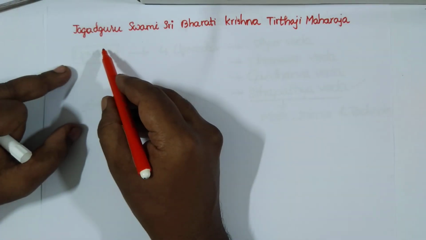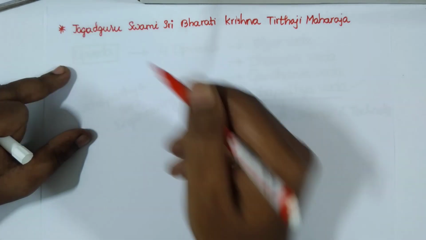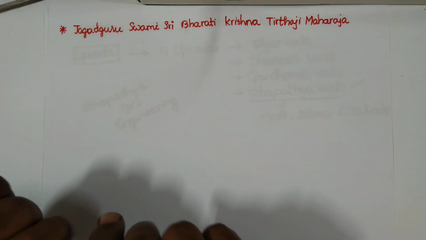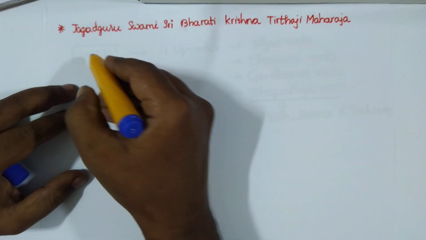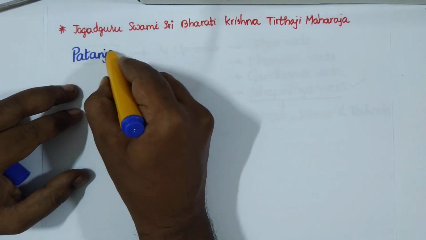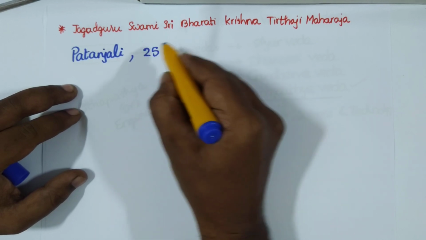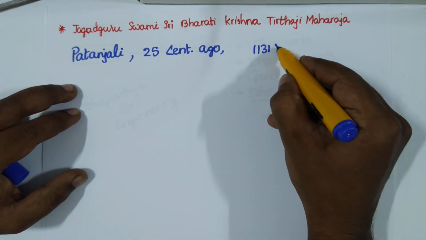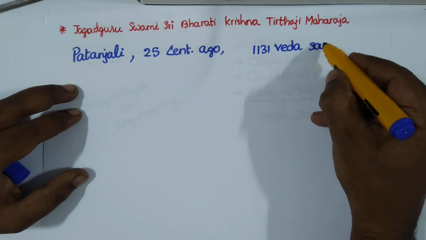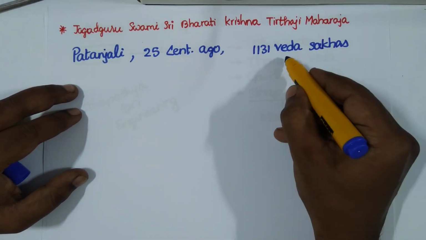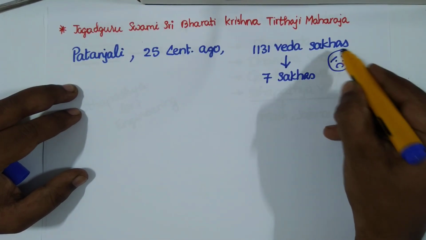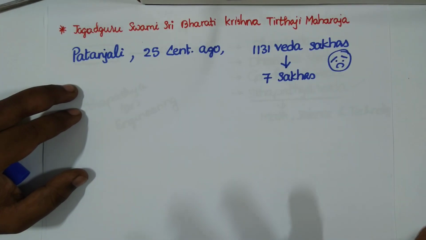Jagadguru Swami Sri Bharati Krishna Tirthaji Maharaj rediscovered Vedic mathematics. And it is evident from the fact that by the time of Patanjali, about 25 centuries ago, out of 1131 Veda Sakhas, unfortunately only 7 Sakhas are present today.